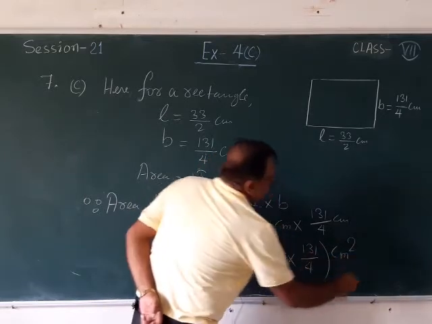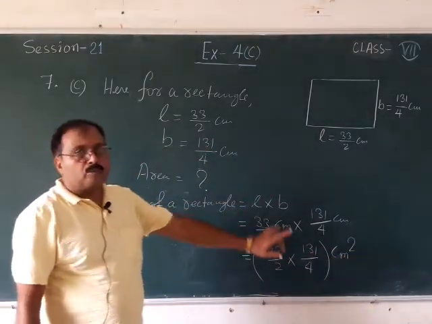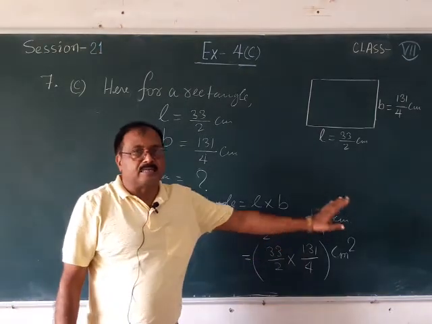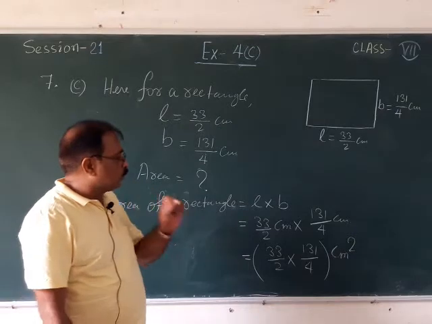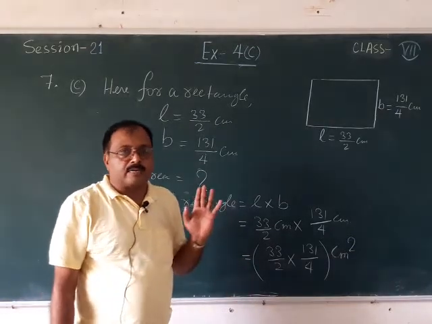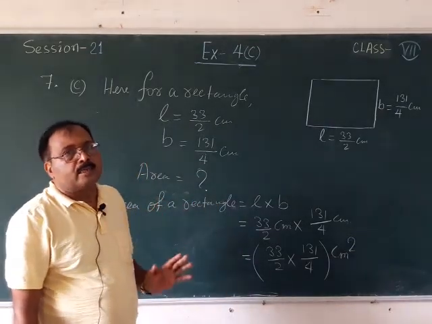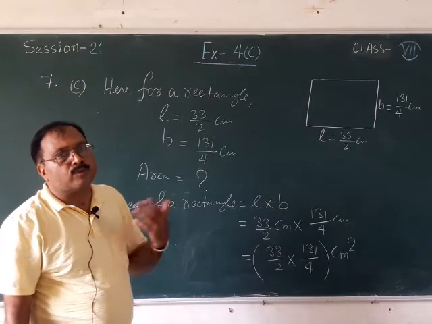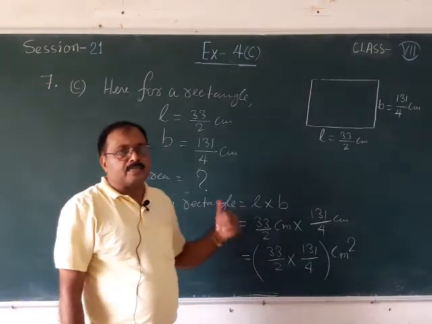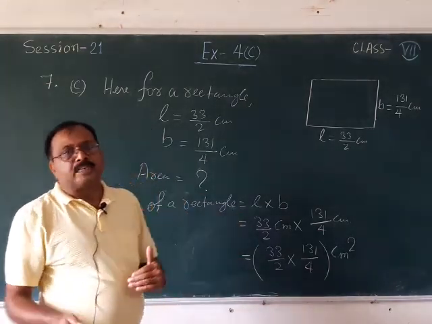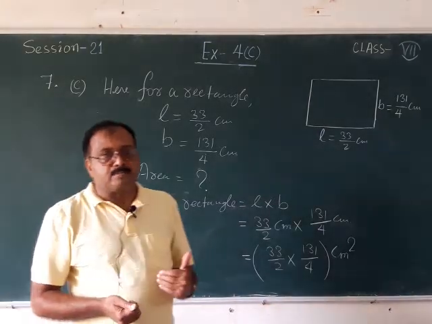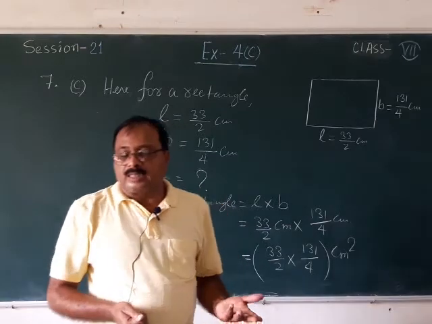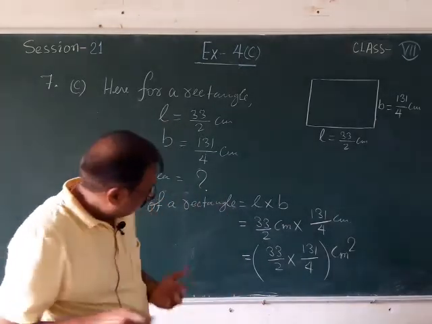Write that side centimeter square, because when you will multiply centimeter and centimeter, it will come centimeter square. You know that unit of area is always taken in square units. That means if it is measured in centimeter, it should be written as square centimeter. If it is measured in meter, it should be written as meter square, like that.